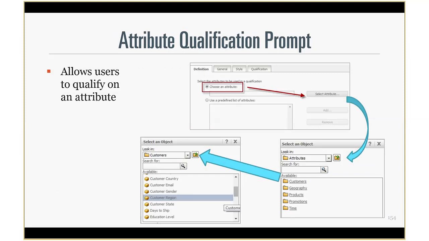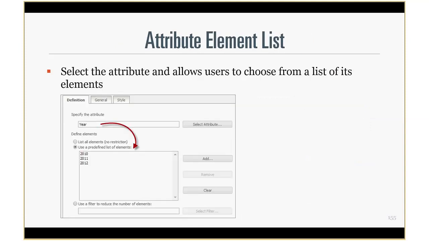Or you can have a specific attribute qualification prompt, just like how you do in your current BI tool. So you choose a specific attribute. For example, you choose customer region, you can prompt for the customer region, and the user gets to qualify or select that attribute. Then there's an attribute element list.